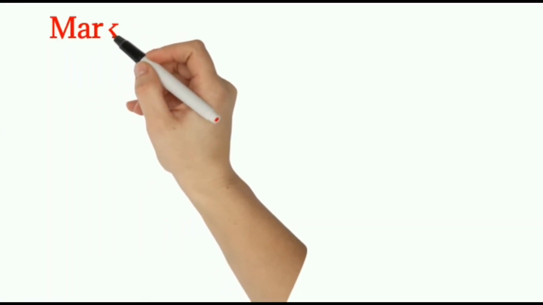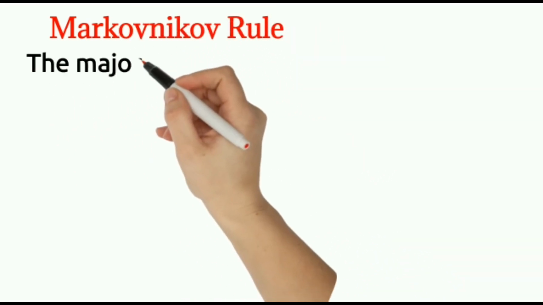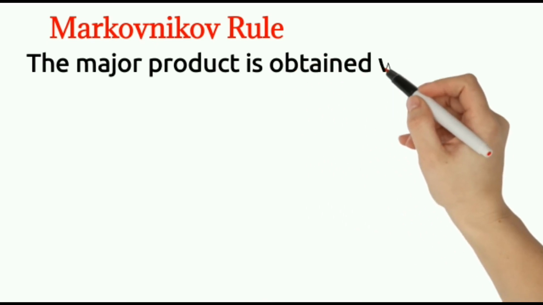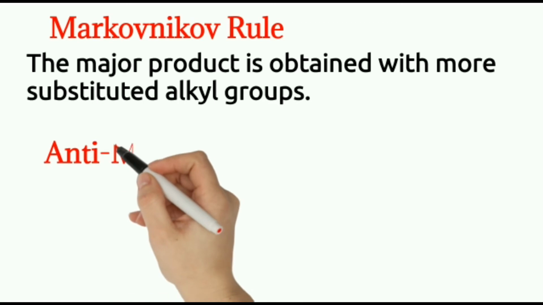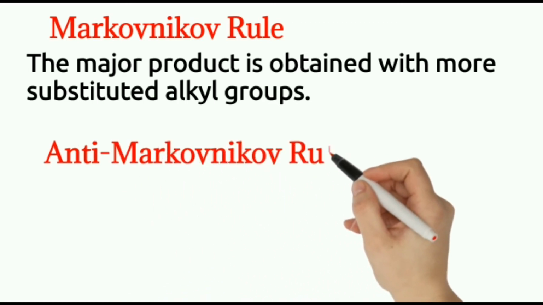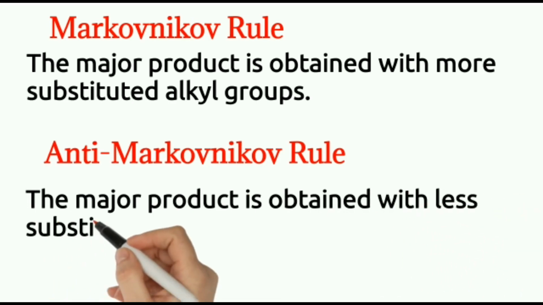Now let us consider the fifth difference. For Markovnikov's rule, the major product is obtained with more substituted alkyl groups. Now for anti-Markovnikov's rule, the major product is obtained with less substituted alkyl groups.